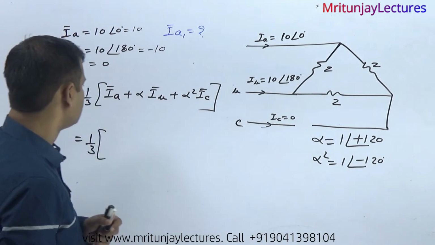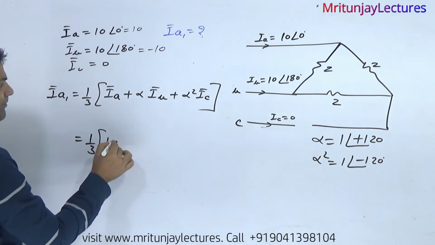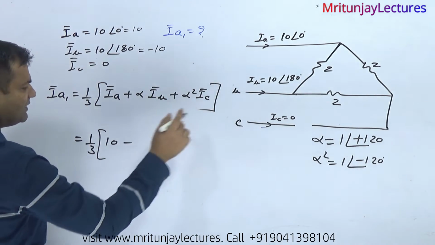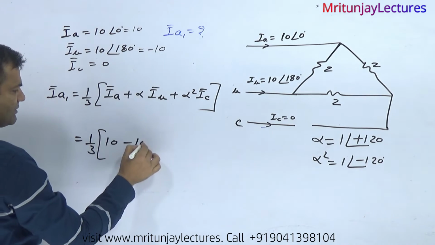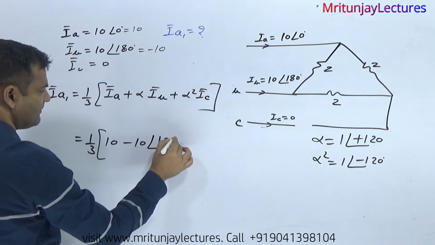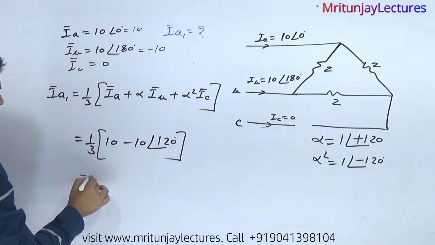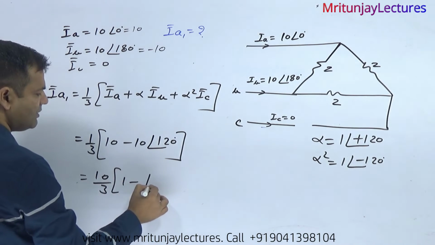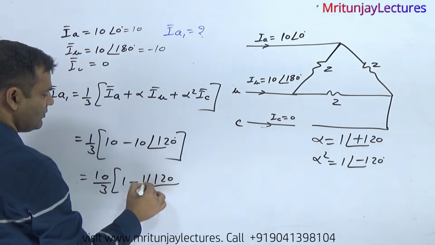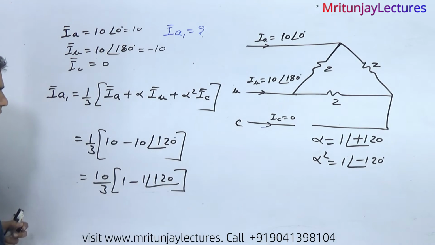Okay, so 1 by 3, that is 10, alpha that is 1 at the angle 120 and this is minus 10, so it is written as 120. After that 10 by 3, 1 minus 1 at the angle 120.